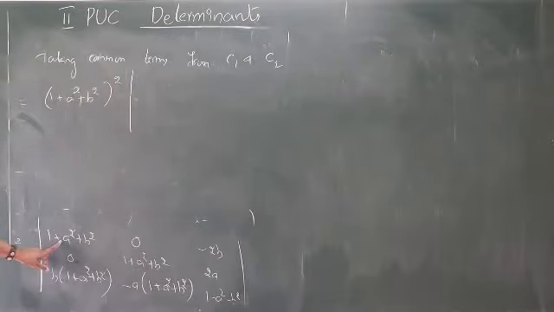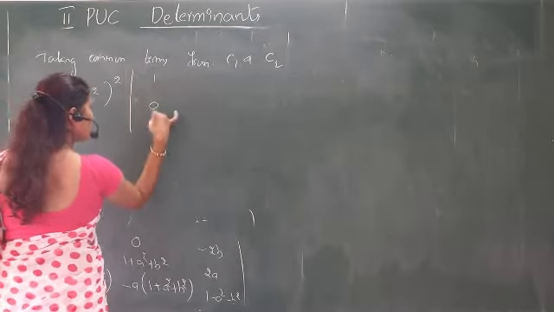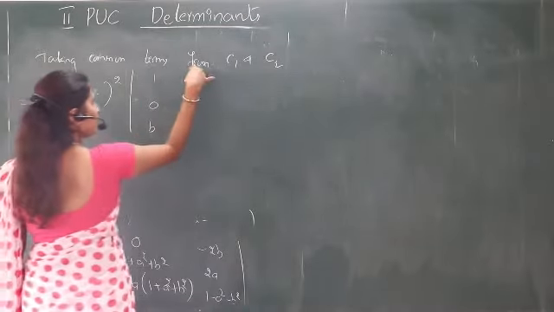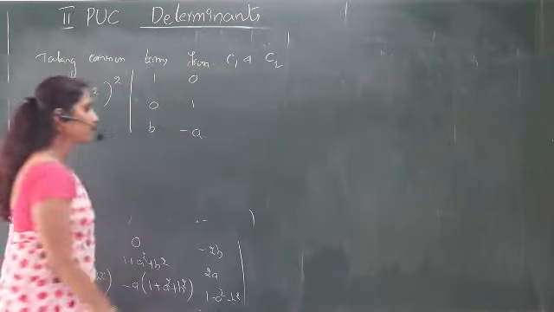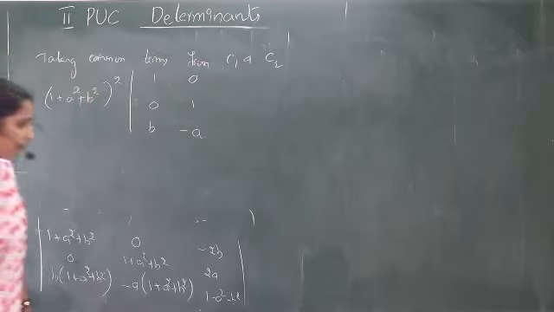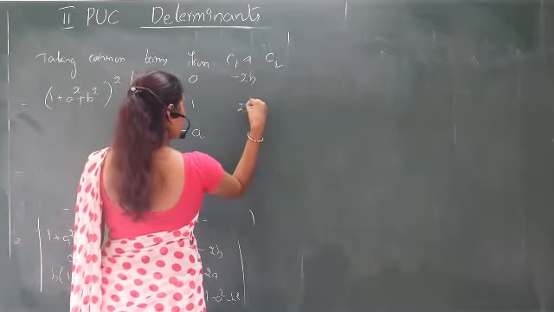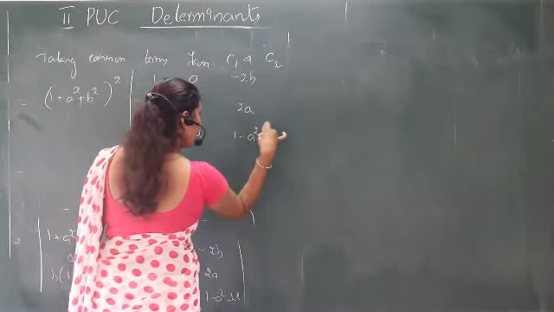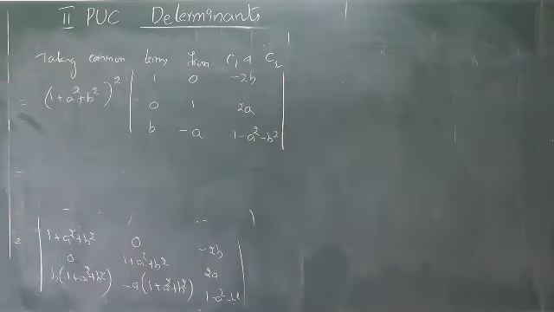Then here it will be 1, 0, B, and here 0, 1, 0, then minus A, minus 2B, 2A, 1 minus A square minus B square. So this will be remaining.